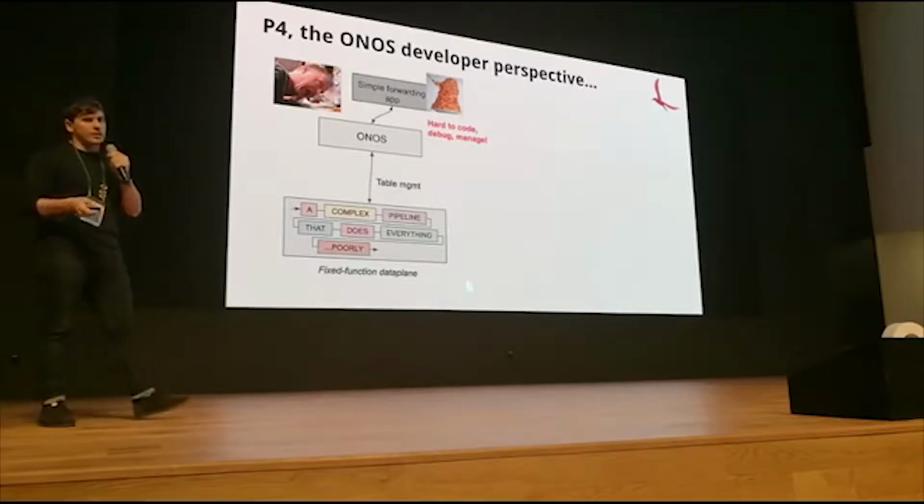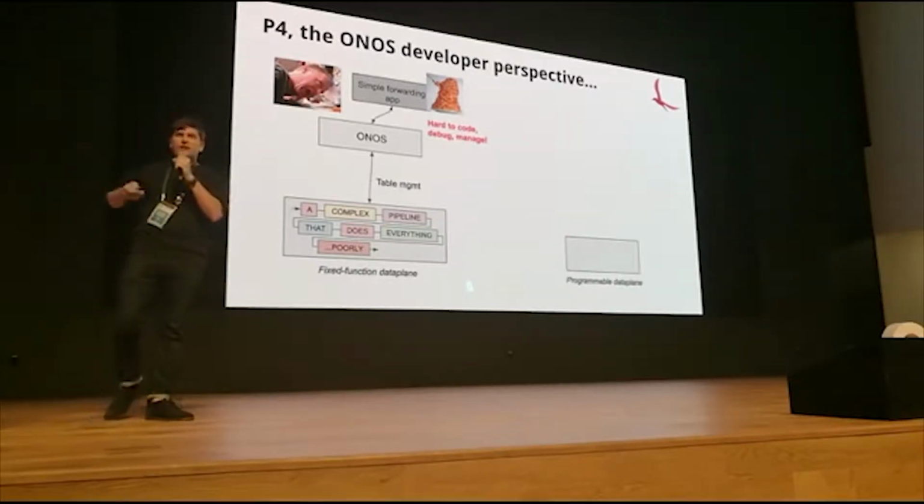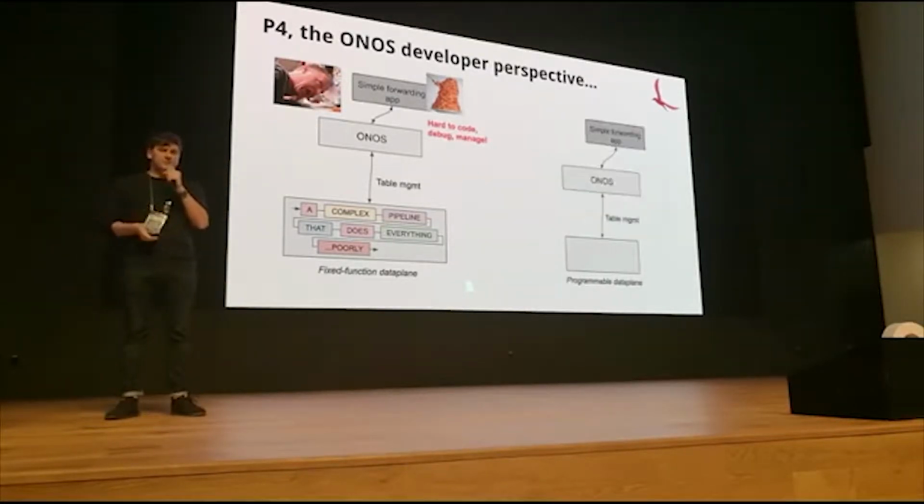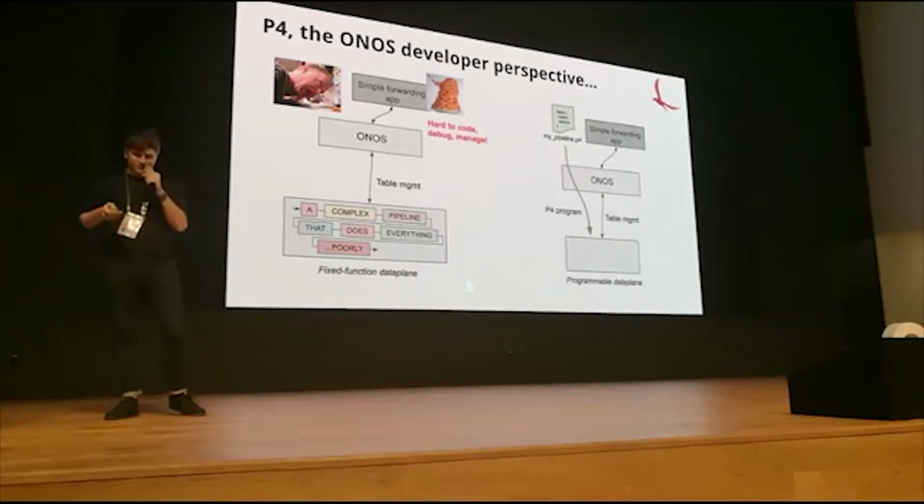so-called spaghetti code, and a very frustrated developer. On the other side, if you have a programmable data plane that is empty, you start by thinking about your simple forwarding application. You write a P4 program that defines the pipeline.